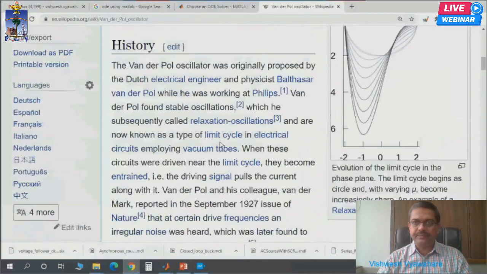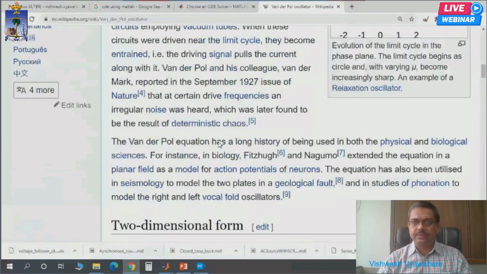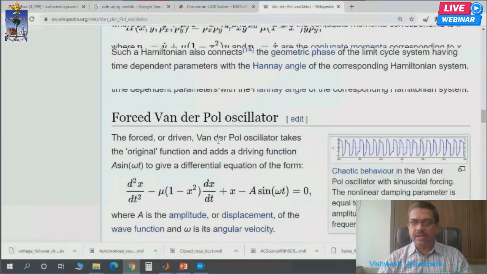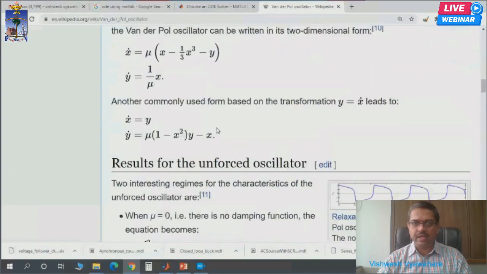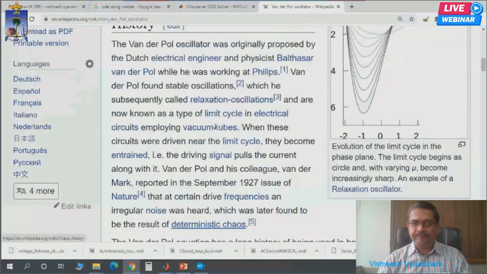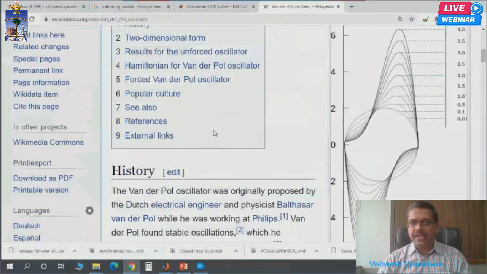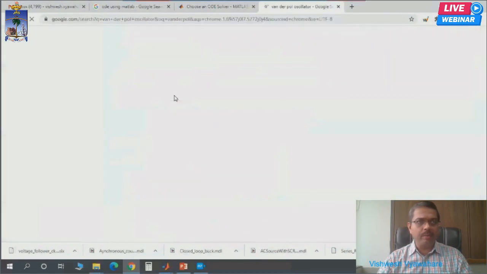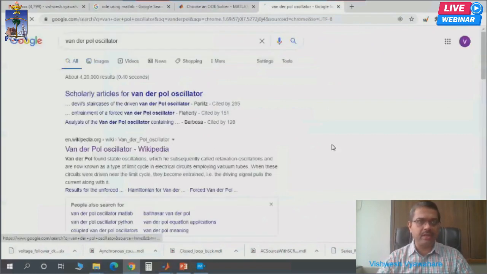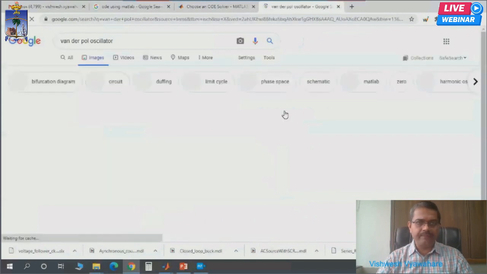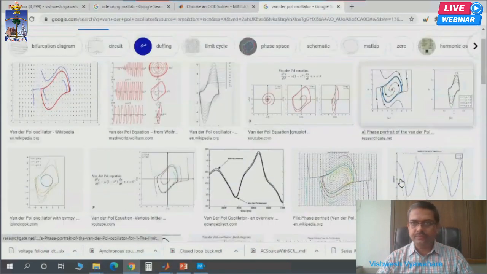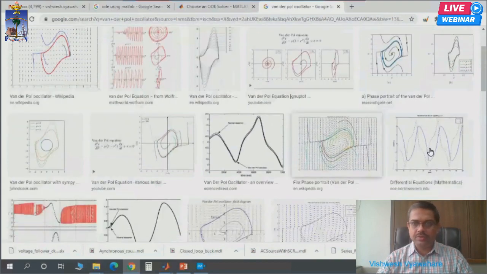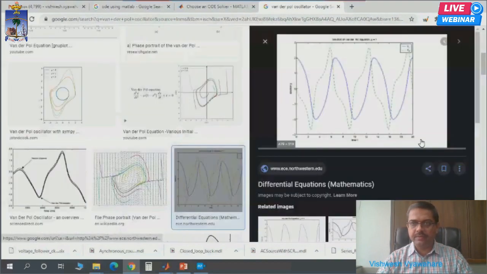Let's check. I have to see whether it's given here. Anyway, I can go back and show you some images in the solution. Look at this.